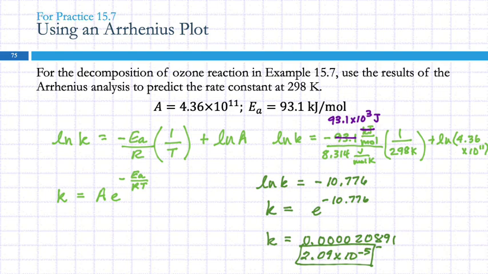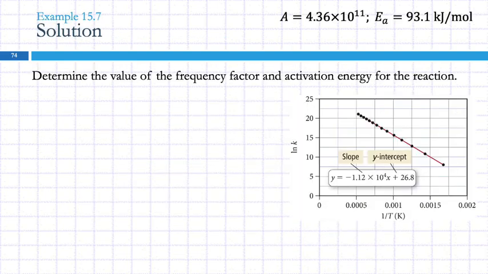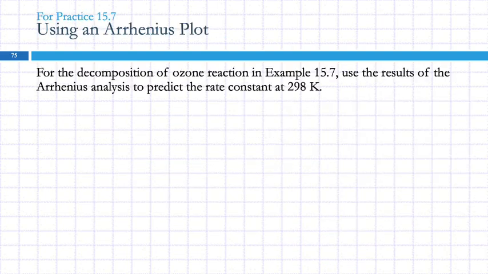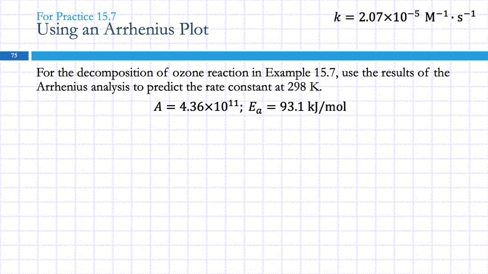So let's see if we got it right. So they got 2.07. I got 2.09. Is that a deal breaker? No. That's an uncertain digit, and a little variation there, not a big problem. Okay?